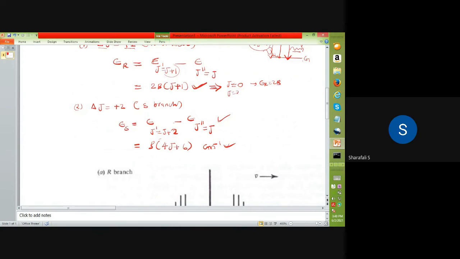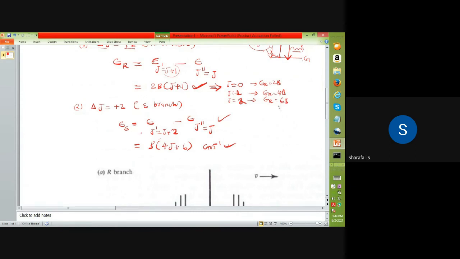For J equal to 1, you get epsilon R equal to 4B. For J equal to 2, you get 2 plus 1 is 3, 3 into 2B is 6B, and so on.